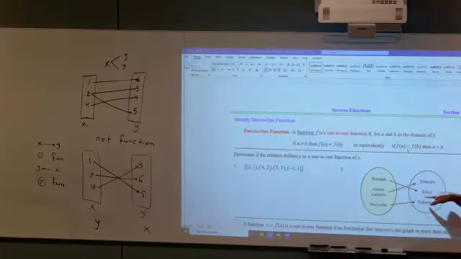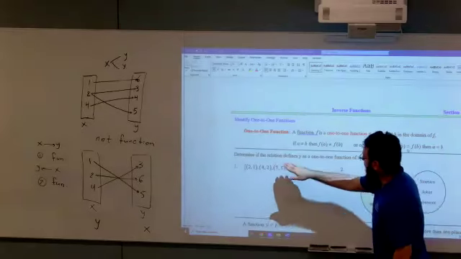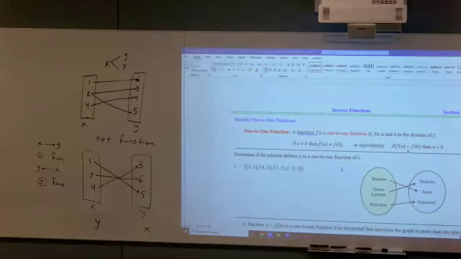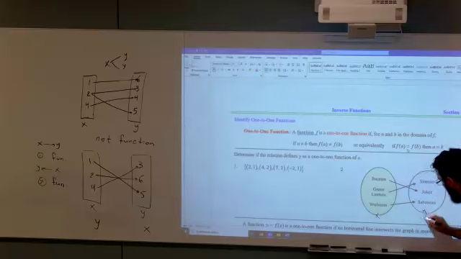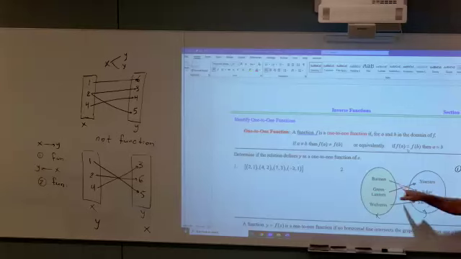Now, if you look at this small graph here, they ask you to check if this function is 1-to-1 or not. The first condition: I'm gonna consider this is X and this is Y. Is it a function or not?